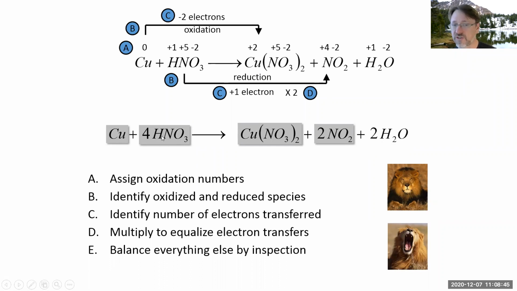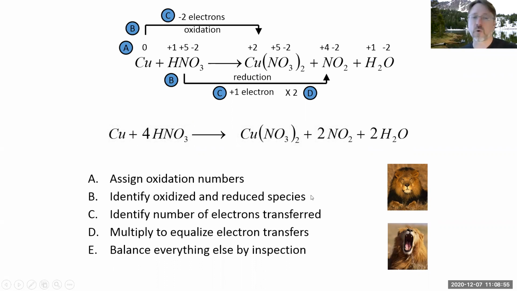We have 12 oxygens on the left. 3 times 2 is 6. 2 times 2 is 4, so that's 10. 2 times 1 is 2 for a total of 12, and it worked. So by using the oxidation numbers, we were able to figure out how to balance an equation that's relatively complicated, where the nitrogen is going to 2 different places.